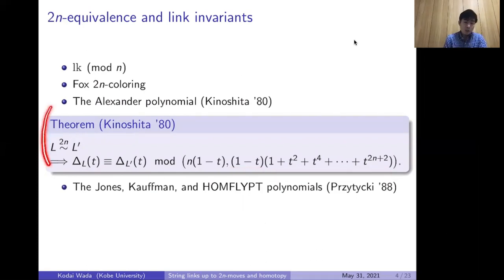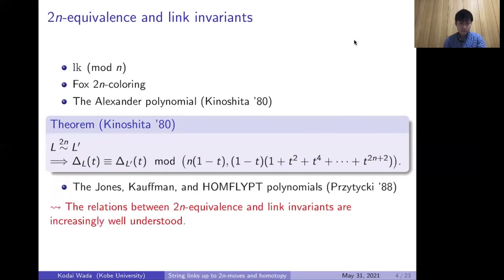Such a relation is given for each of the Jones, Kauffman, and Homfly polynomials by Przytycki in 1988. As mentioned above, the relations between 2n-equivalence and link invariants are increasingly well understood.